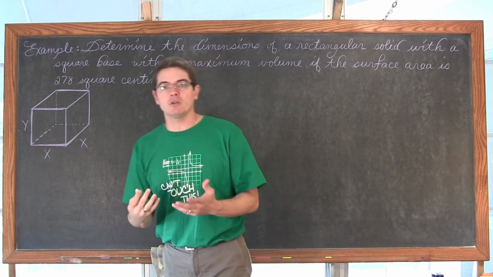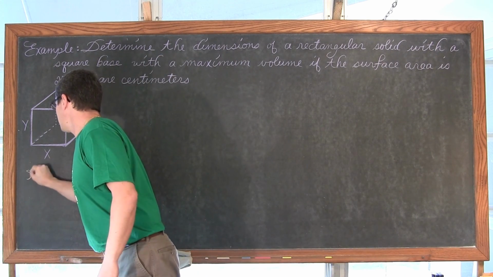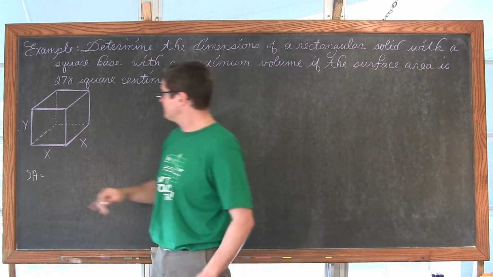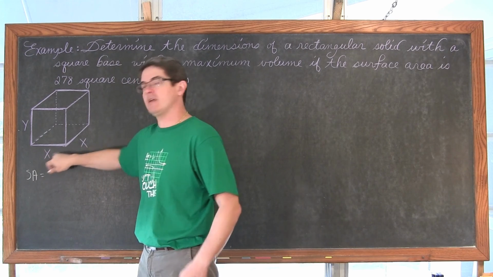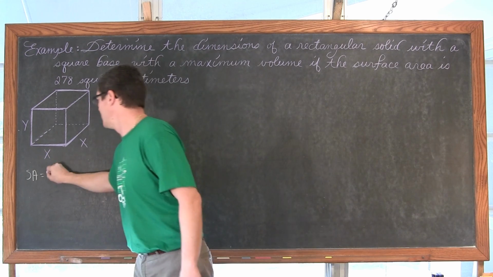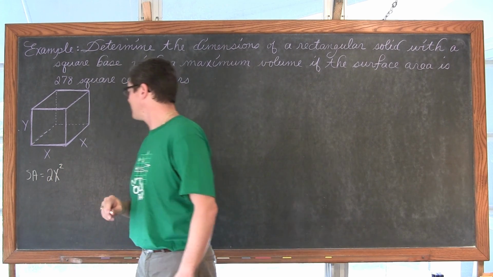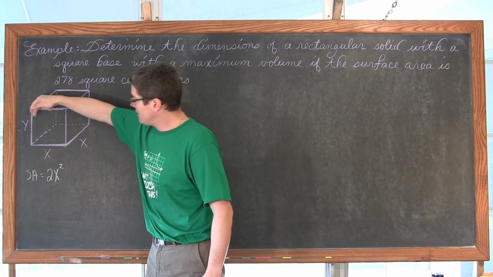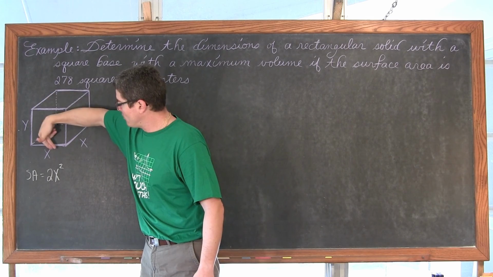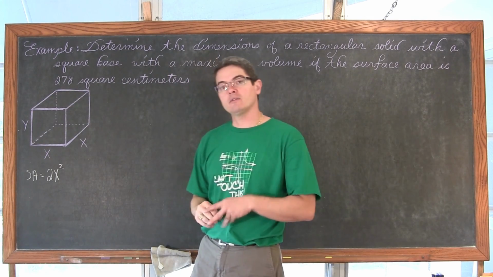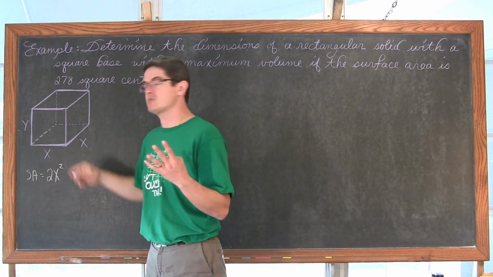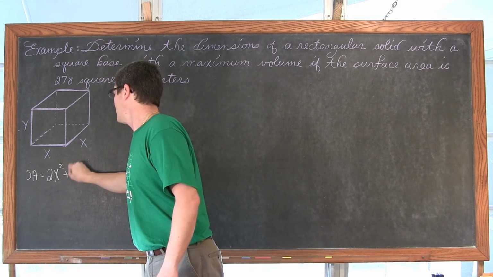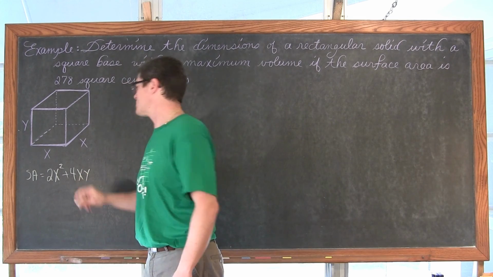Okay, so we're going to need a formula for surface area, and the surface area of this rectangular solid, well, we have two bases which have a length and width that are the same, so we have 2x squared. We've got a front plane, or rectangle, of width x and height y, and of course there's going to be 4 of those because we do have a square base, so there's 1, 2, 3, and the back side, which is 4xy.